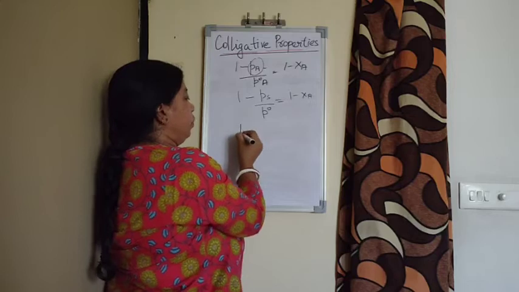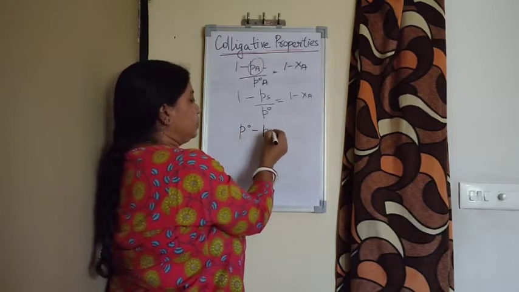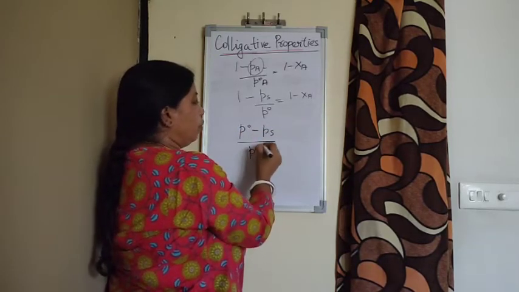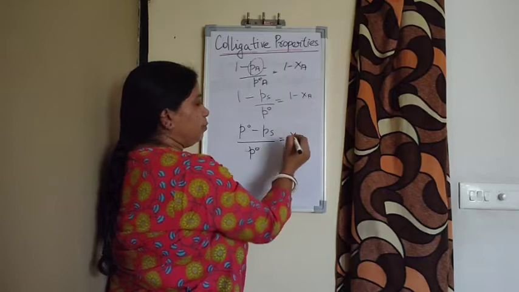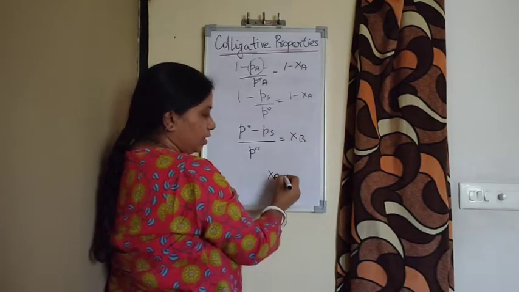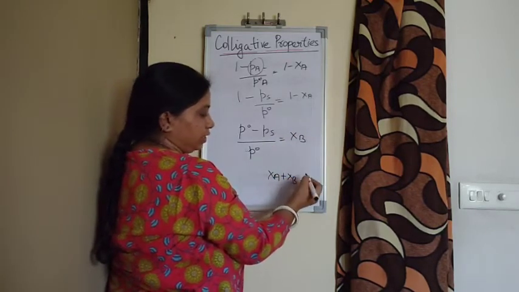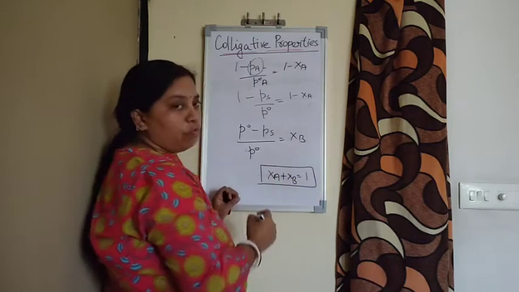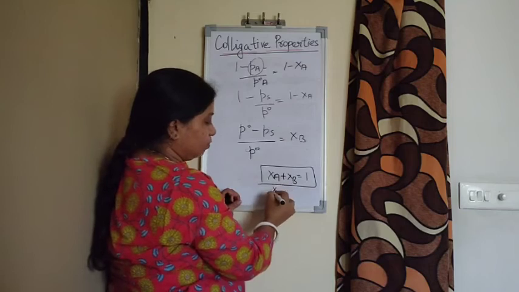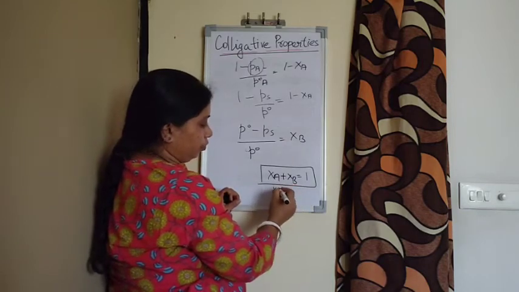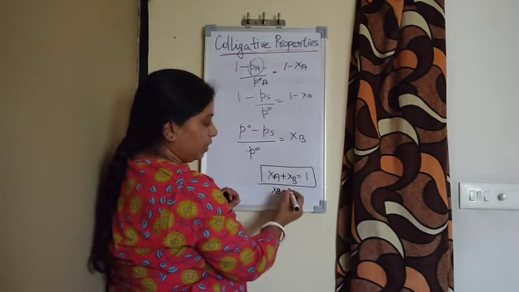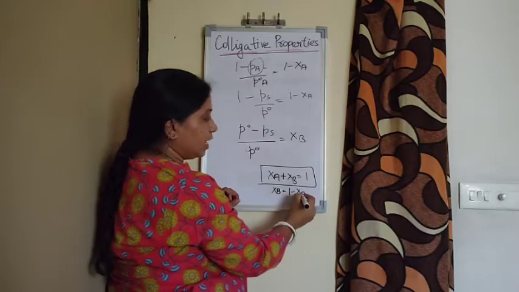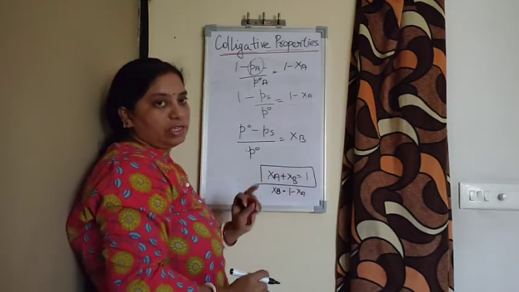Or our equation becomes P naught minus PS upon P naught is equal to XB, because we know that when we have two components in a solution, the sum of their mole fractions is equal to 1. So XB becomes equal to 1 minus XA, and we have substituted this value here.